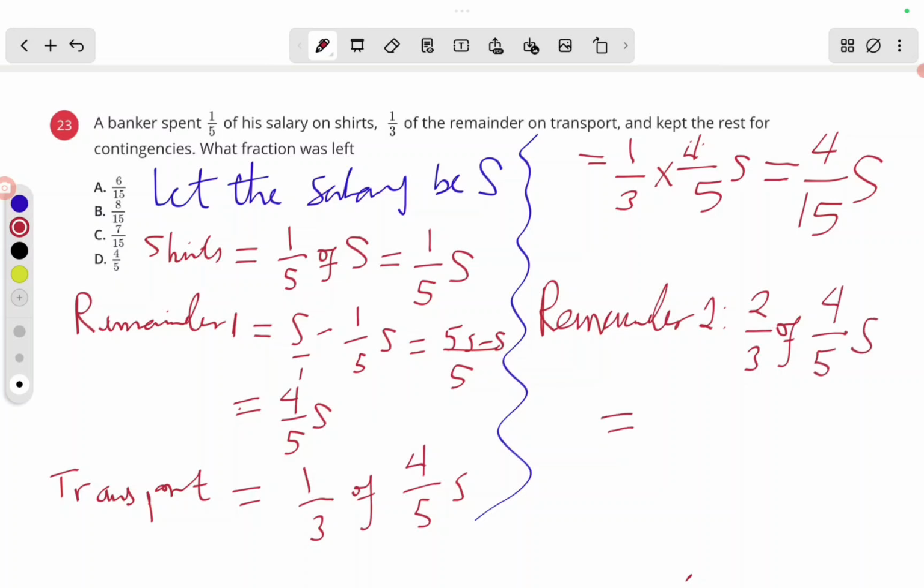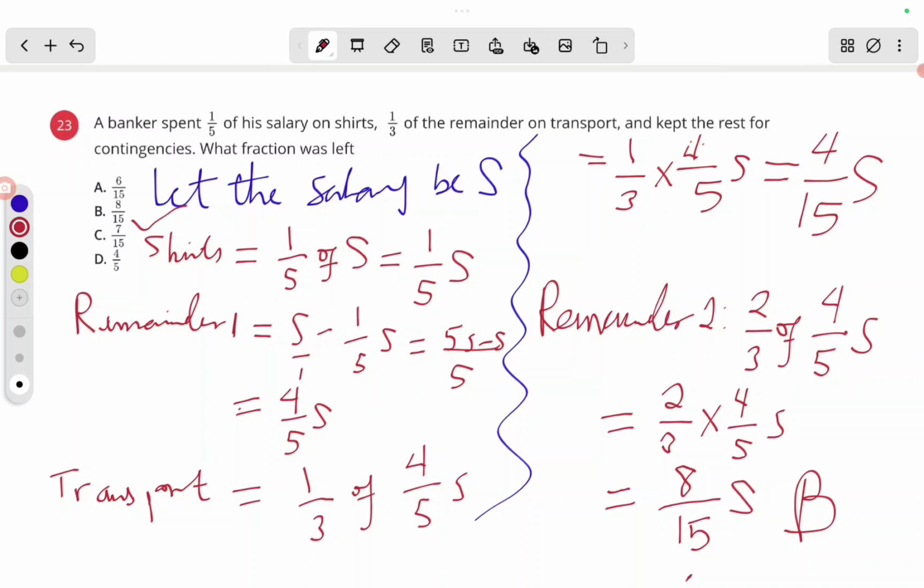So this is equal to 2 over 3 times 4 over 5x. And this is equal to 8 over 15x, because 3 times 5 is 15. And this is same thing as option B. So let's proceed to question 24.